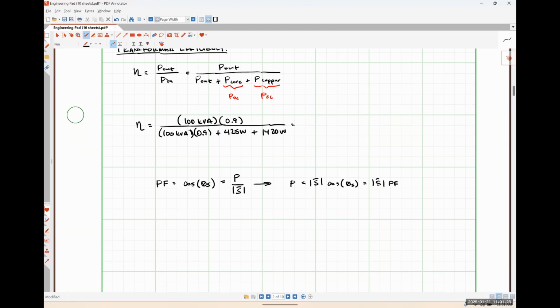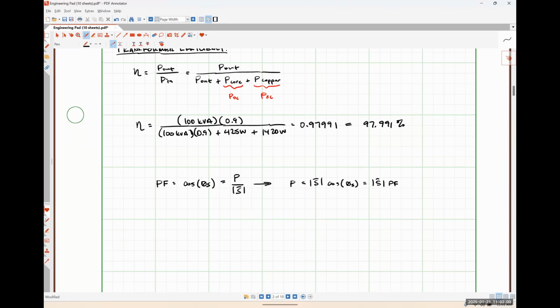So if I throw this into my calculator, I would have 100 times 10 to the 3 times 0.9 over 100 times 10 to the 3 times 0.9 plus 425 plus 1420, which comes out to be 0.97991 and some change, or 97.991% efficient.